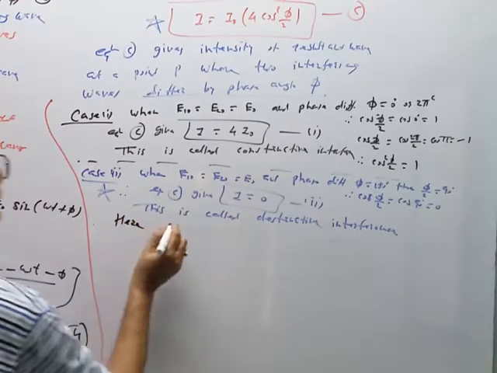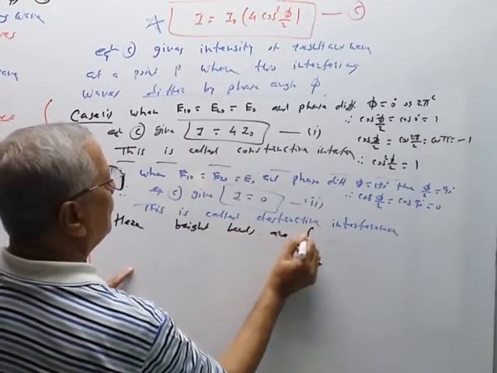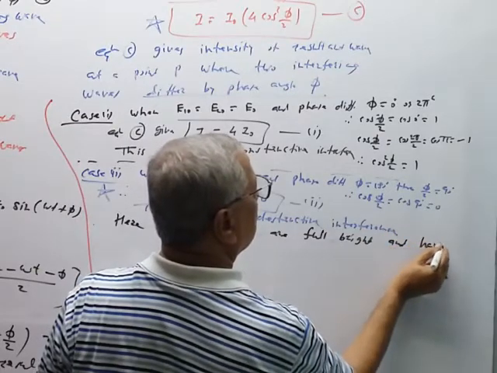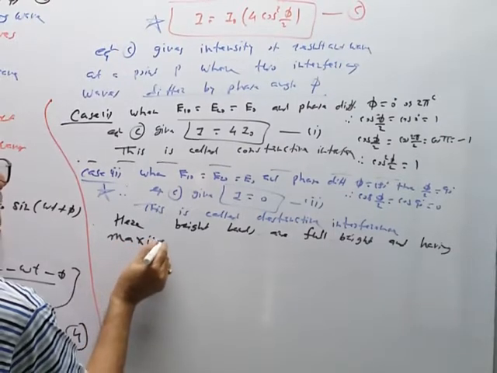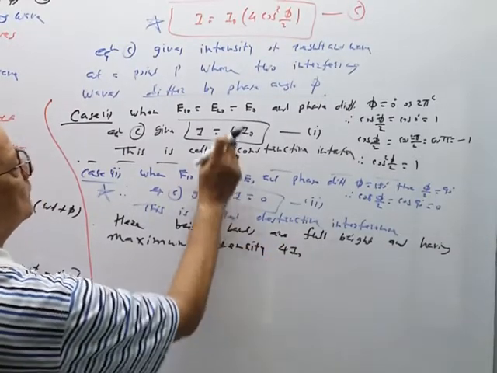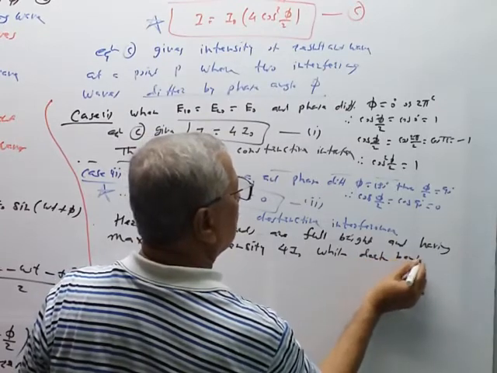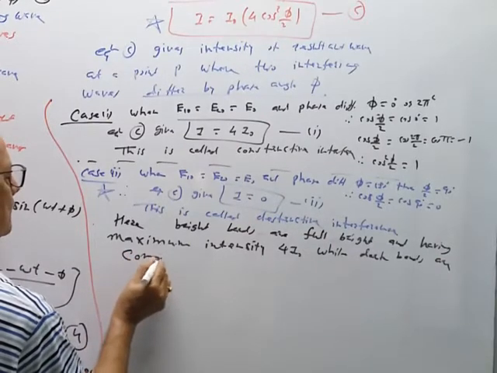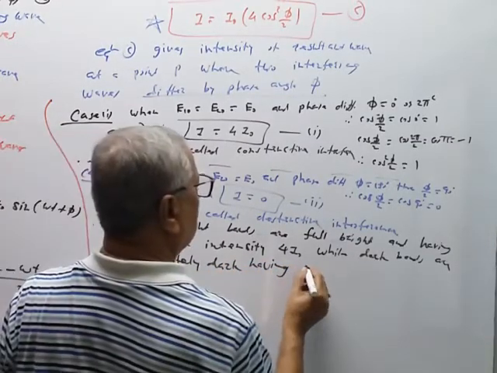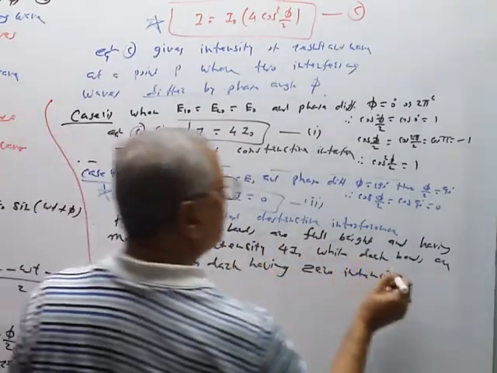Here, the bright bands are fully bright and have maximum intensity, 4 times I0, while the dark bands are completely dark, having zero intensity.